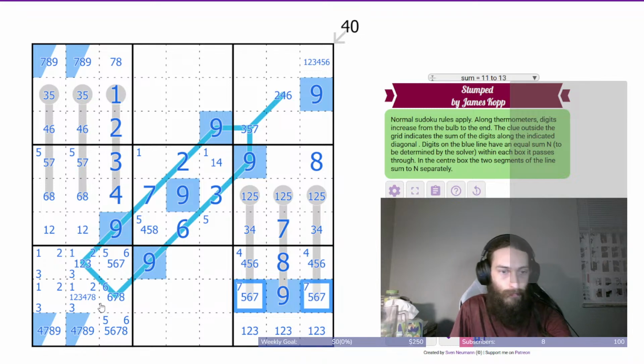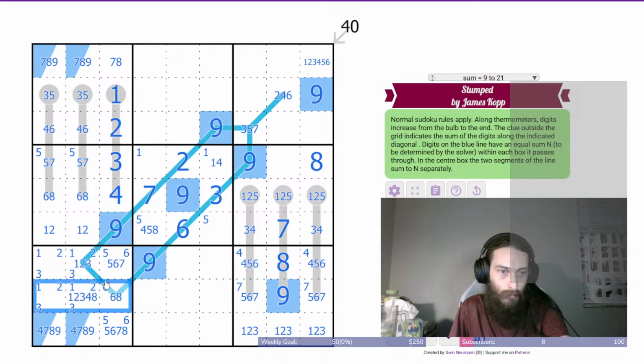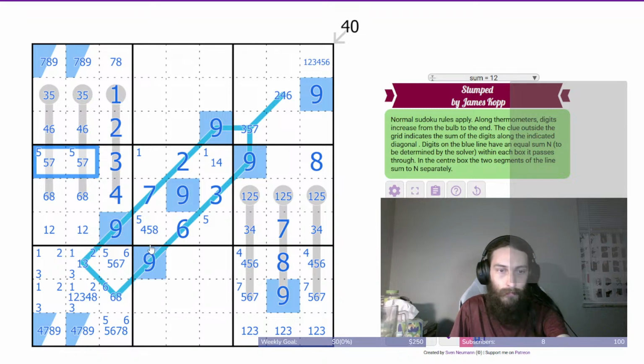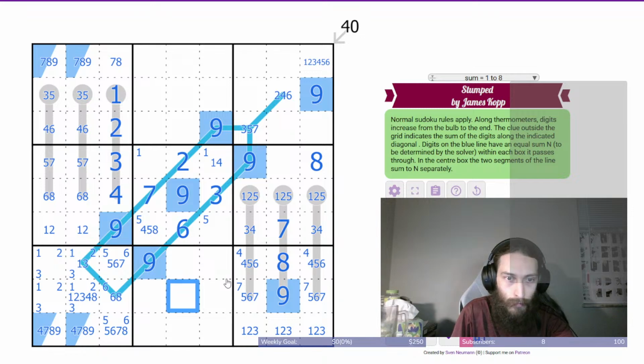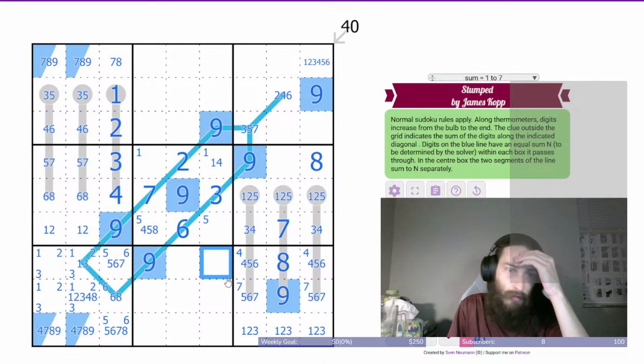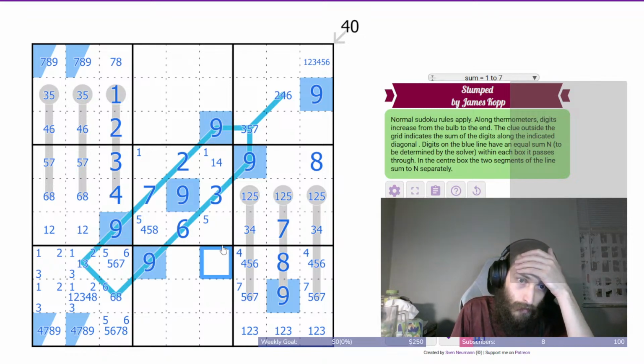Yep. 7 comes out of all of those, and the 2 comes out of this one. Two, 3, 7, 6, and 9, 8. Huh. And it also can't be a 5. So that's 1 or 4 only.